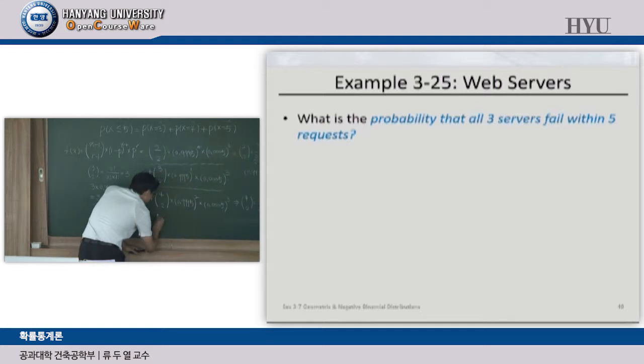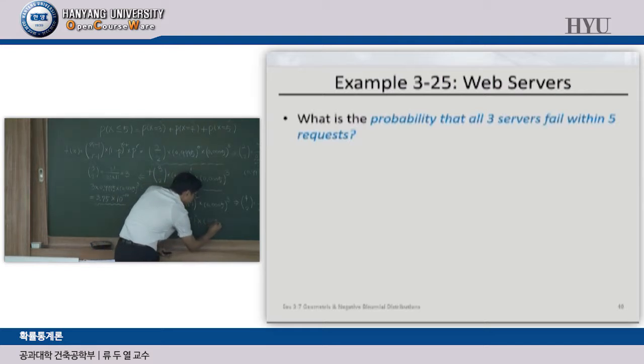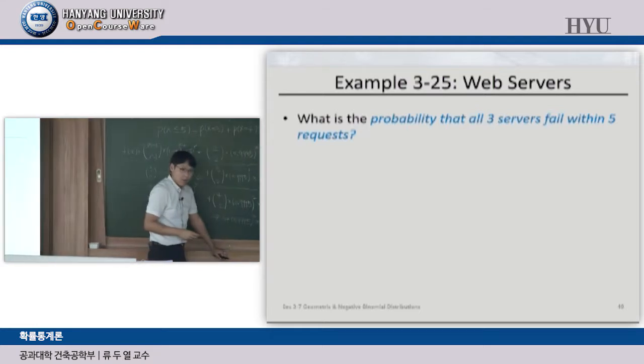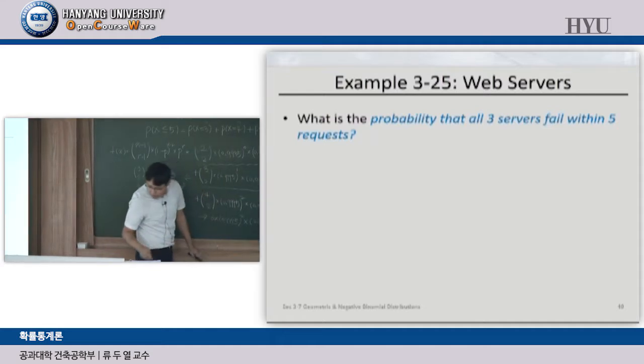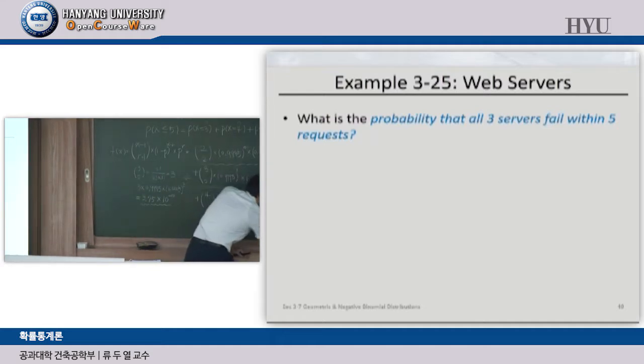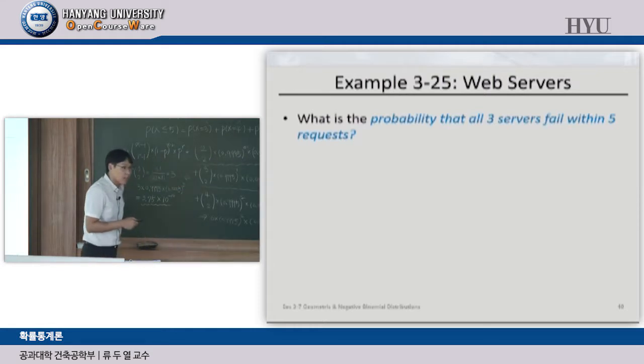So this will be 6 multiplied by 0.9995 squared multiplied by 0.0005 to the third power. Okay? That is equal to 7.49 multiplied by 10 to the minus 10th power. Okay?